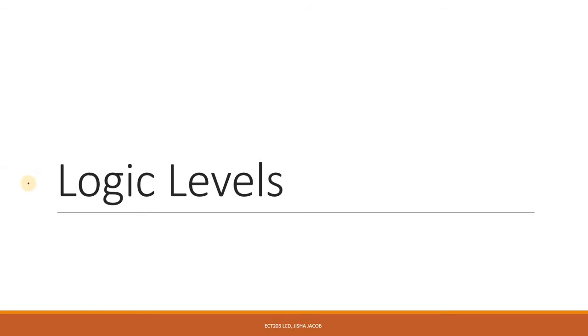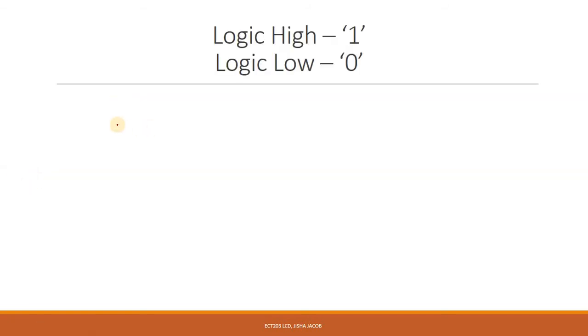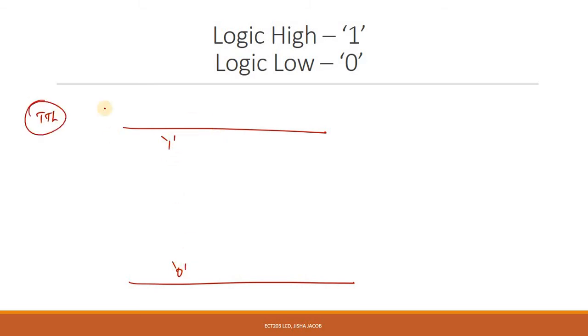The first parameter would be the logic levels. Logic level refers to voltage logic levels as well as current. What do you mean by a logic high and a logic low? A logic high refers to a high voltage and a logic low, that is 0, refers to a low voltage. In case of the TTL logic family, a high voltage is actually 5 volts and the logic 0 is actually 0 volts.